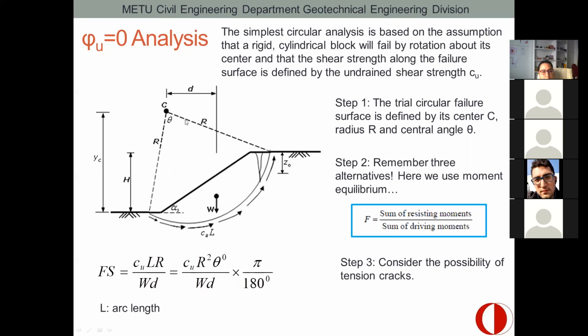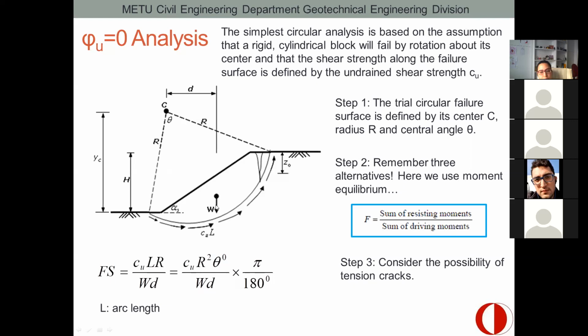And in order to take moment with respect to point C, I need to calculate the moment arm D. To be able to calculate this moment arm correctly, I need to calculate the center of gravity of the sliding mass, because I'm going to put this weight on the center of gravity.